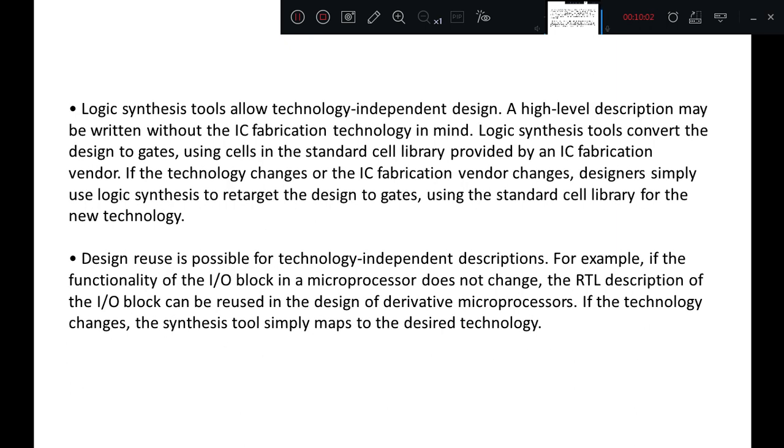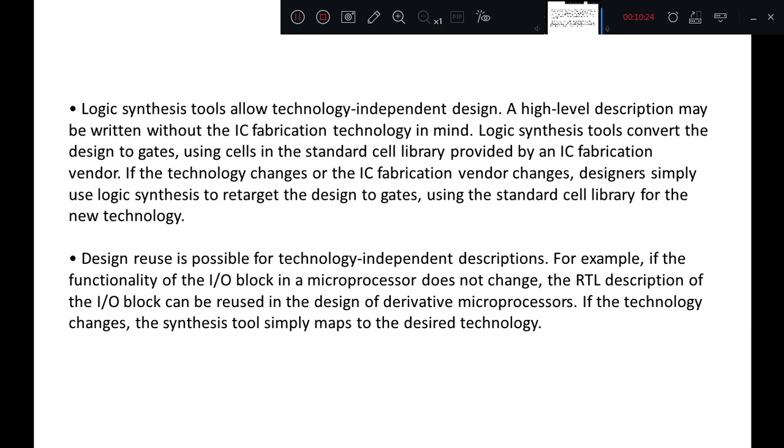Logic synthesis tools allow technology independent design. Okay, here are some words we need to understand. Technology independent design: while writing HDL description or higher level blocks, we don't worry about the target device, or the technology or device on which we are going to dump it.